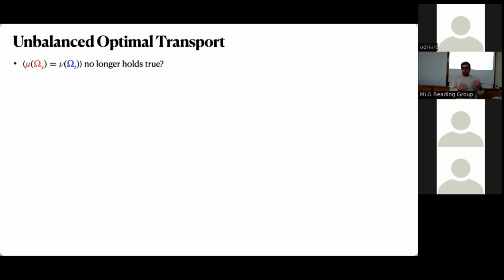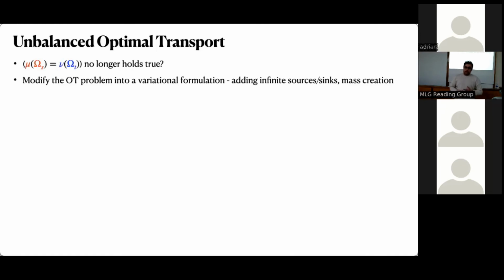You could think about matching words in documents that have different lengths. So the embeddings could be of different lengths, and they are no longer normalized. And it turns out you can actually do this. There's been a lot of recent work over the last 2 or 3 years to create unbalanced optimal transport solutions. And there are multiple approaches that people have taken.